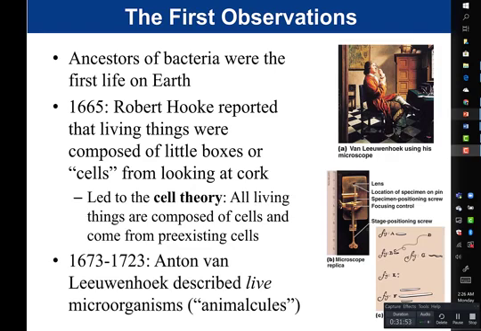Anton van Leeuwenhoek was seeing living cells. So the way I remember this is alphabetical order. H comes before V. So Hooke came first. He was the first to see cells. Van Leeuwenhoek was the first to see living cells. So those are the people.